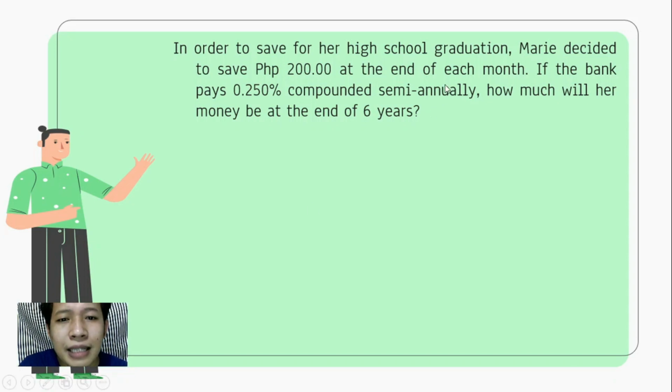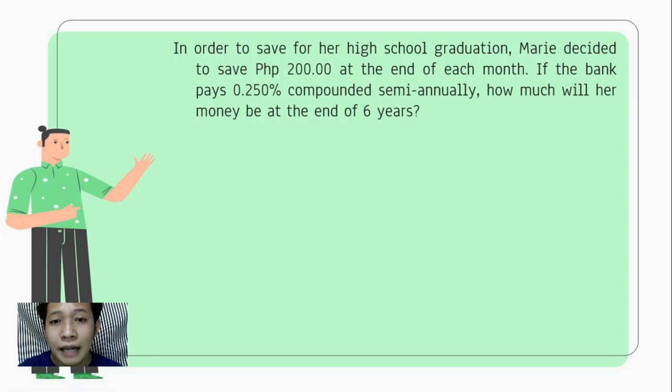Kung mapapansin ninyo, 200 pesos yung kanyang isi-save each month, pero yung tubo lang is compounded semi-annually. So magkaiba na po yung payment interval sa ating interest period. That is why we are considering this as a problem concerning general annuity.